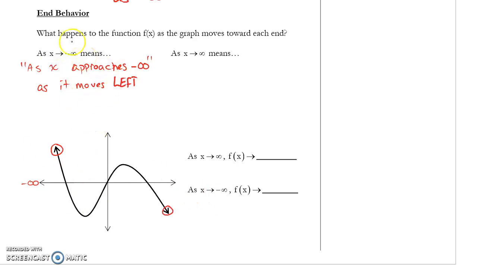So if I look at this last question here, as x approaches negative infinity, f of x approaches what? This means the graph is going where? And the answer to these questions, when we are talking about infinity or negative infinity, is also infinity or negative infinity. A little bit confusing, but bear with me here.